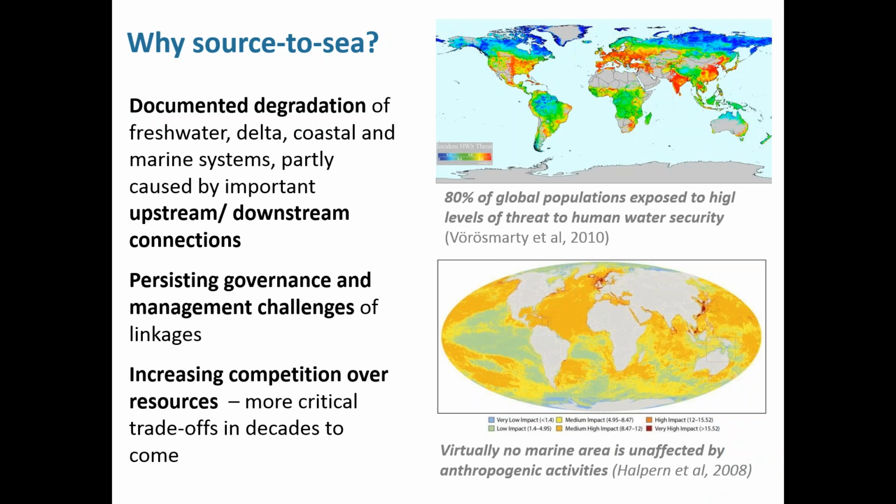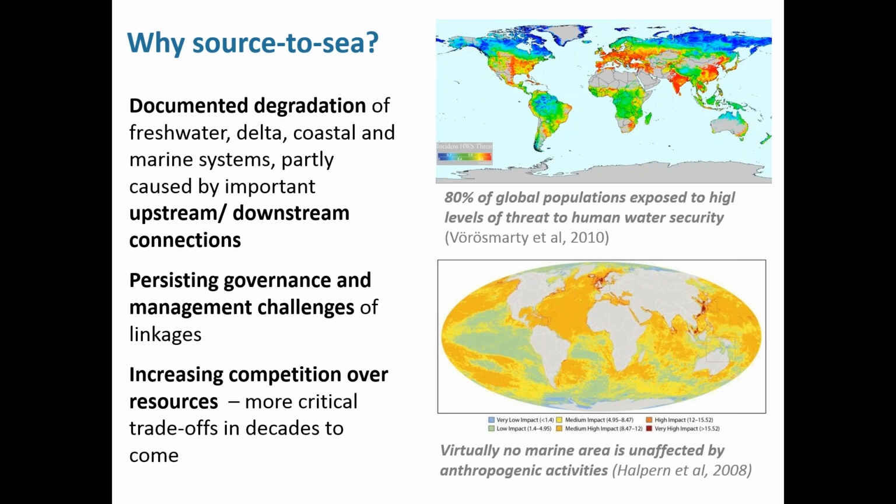First, I would like to mention why we're doing this work. And this slide represents the quick version of the Source2See problem formulation, so to speak. We have a situation globally and in many local places as well, with severe deterioration of the environmental conditions in rivers, aquifers, wetlands, deltas, coasts, and marine areas.